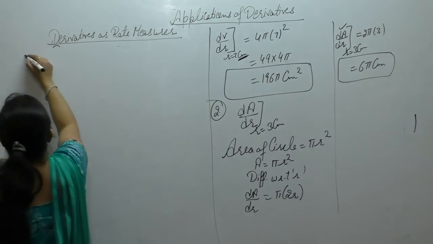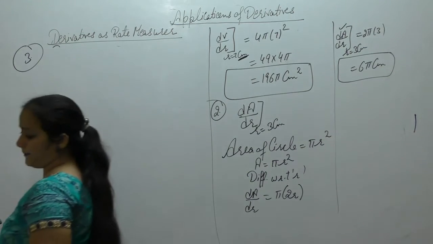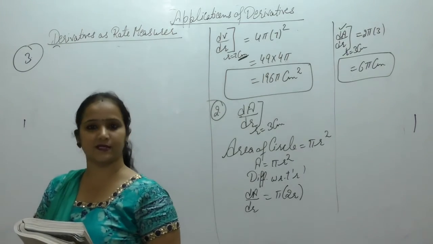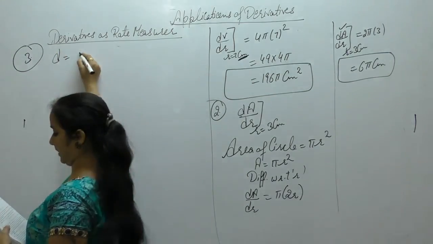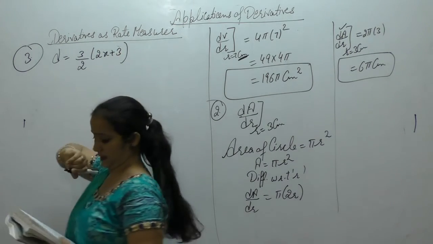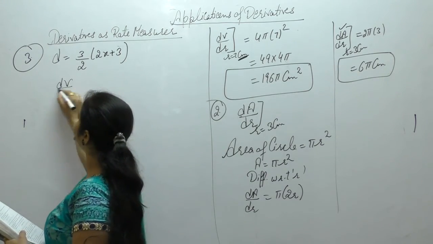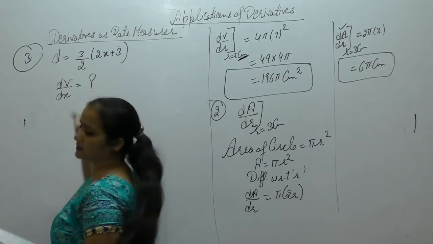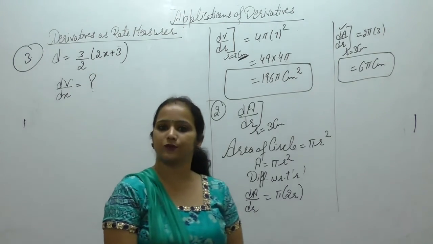Now the next one is: a balloon which always remains spherical has a variable diameter. Diameter of balloon हमें given है 3/2 (2x plus 3). Determine the rate of change of volume with respect to x. This is what we want to find. Clear? Now volume of balloon. Balloon is in spherical form.